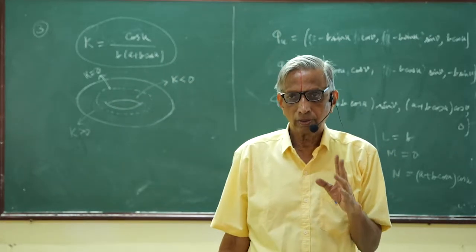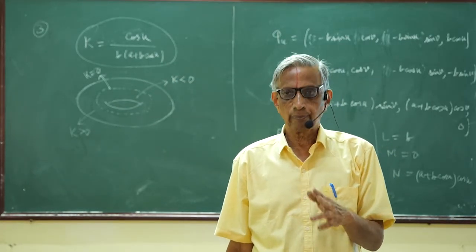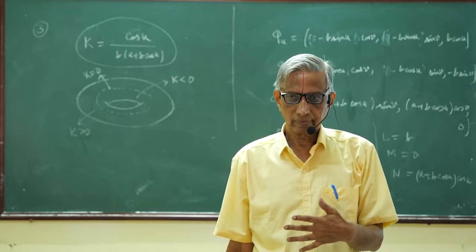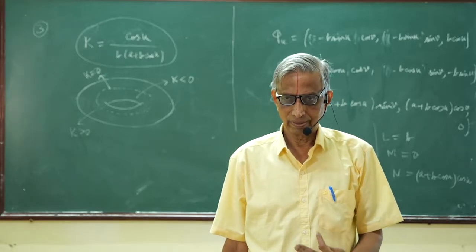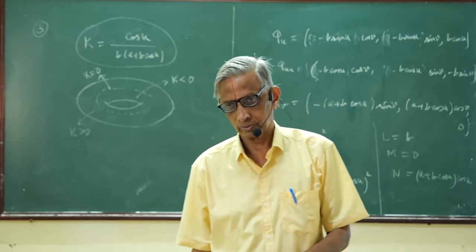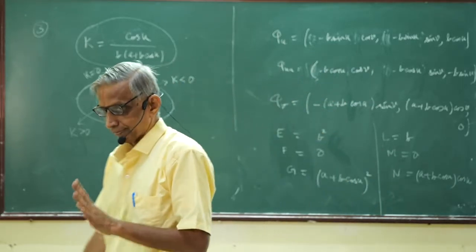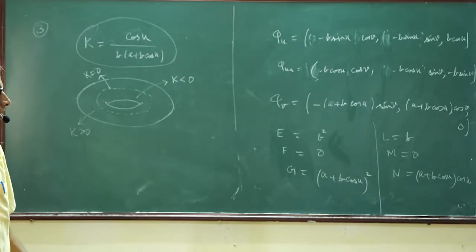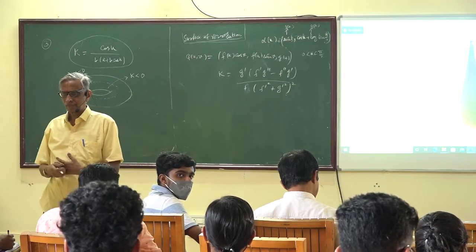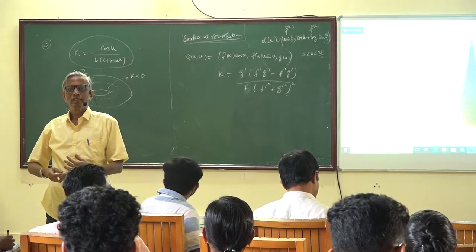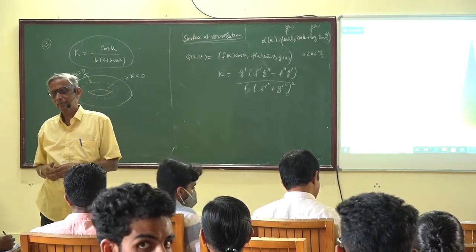So on the torus, therefore, you have points with all possible signs for the curvature, positive, negative, or 0, on the same surface. Okay. We look at surfaces of revolution in general.